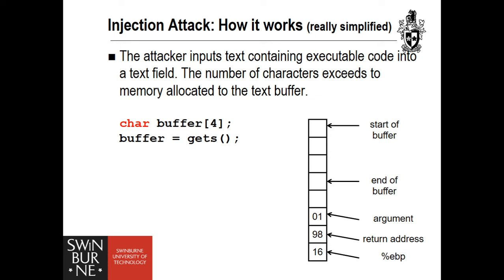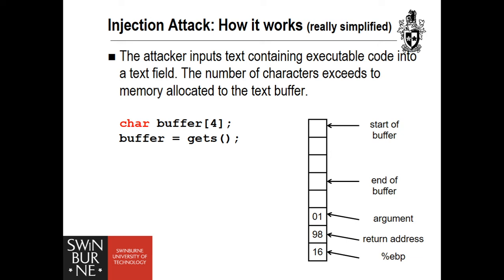How it works: the attacker puts input containing executable code into the text field. The number of characters exceeds the memory allocated to the text buffer. When you open a website, for example, usually we can see a text field.